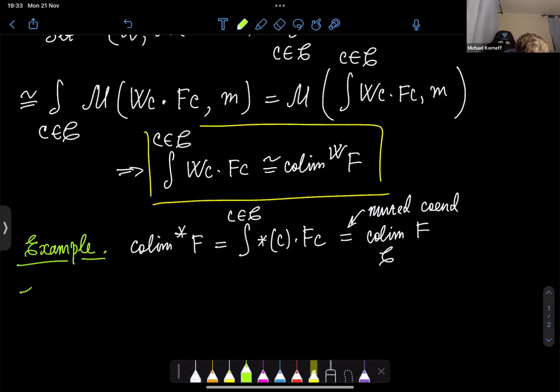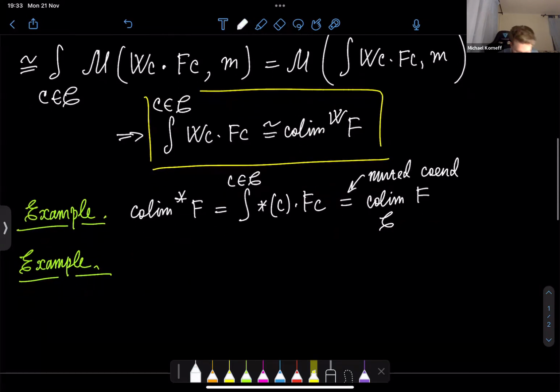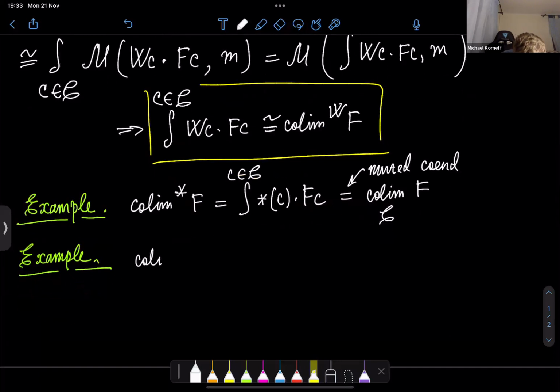The next example. We can take the following weight.